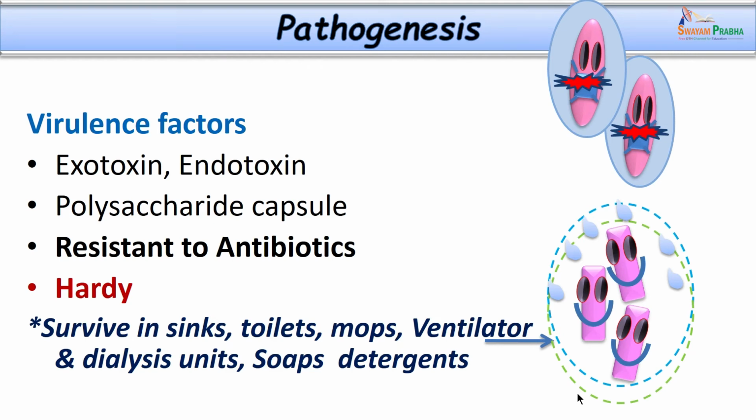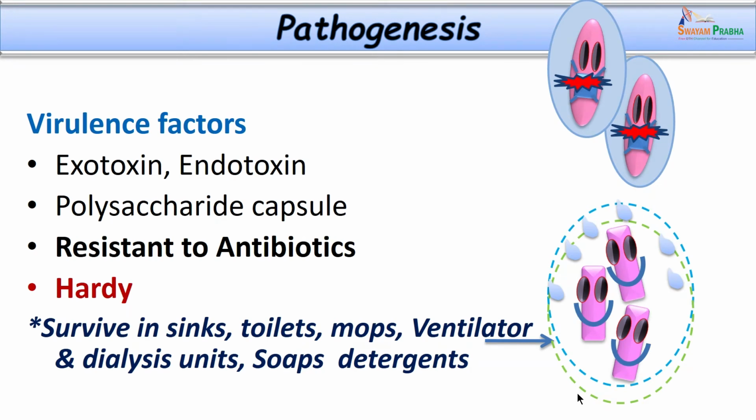The polysaccharide capsule, especially in case of Pseudomonas, is important because it prevents the entry of drug into the organism. That is one of the drug resistant mechanisms in Pseudomonas. More importantly, these organisms are hardy. So, where are they present?